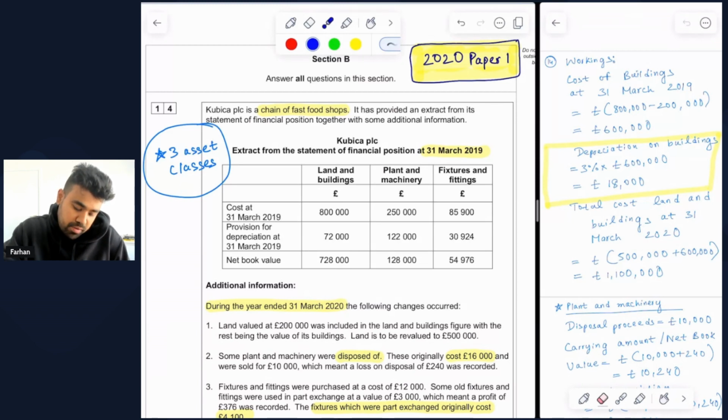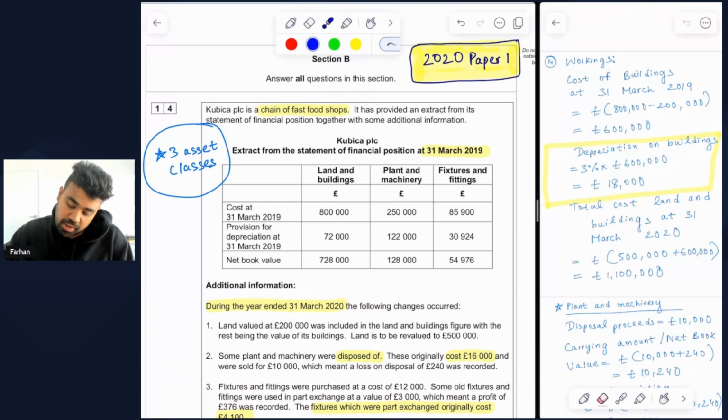And likewise, the net book value should be calculated similar to what we have done for land and buildings. We start with the original cost that we have, £234,000, and then subtract the total depreciation at the end of the year, and you should get a net book value of £94,208 at 31 March 2020.